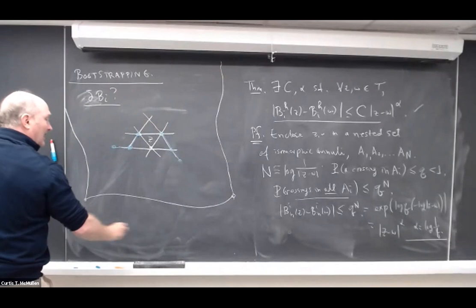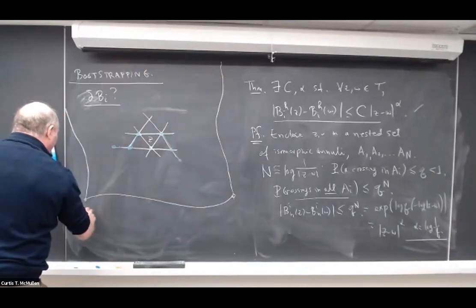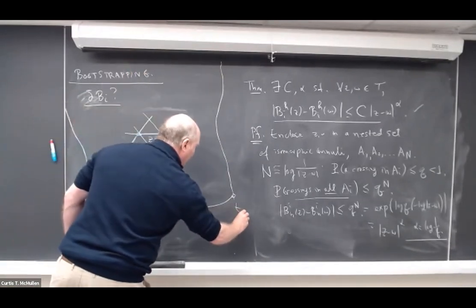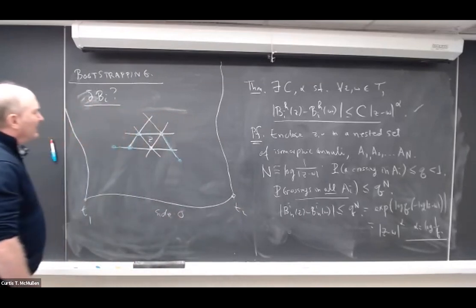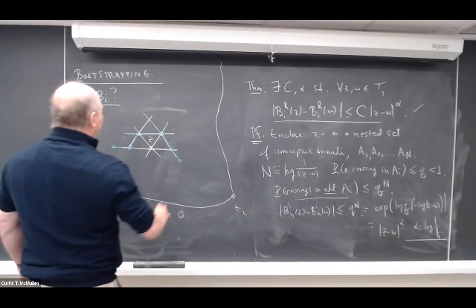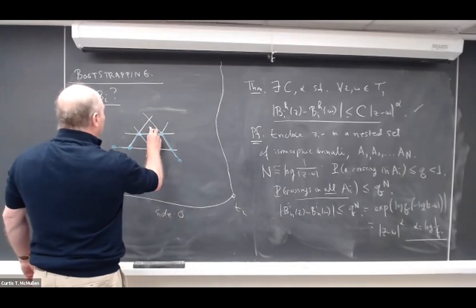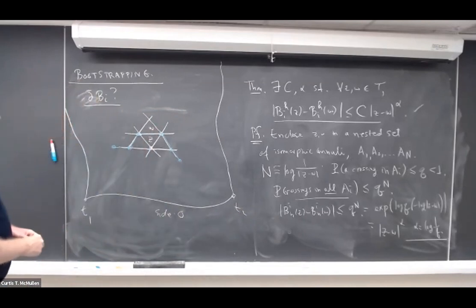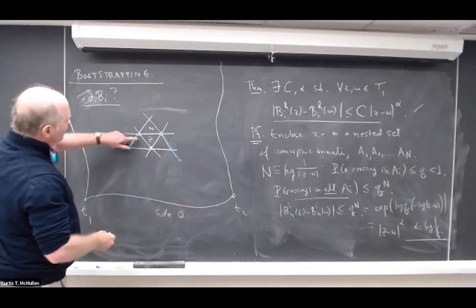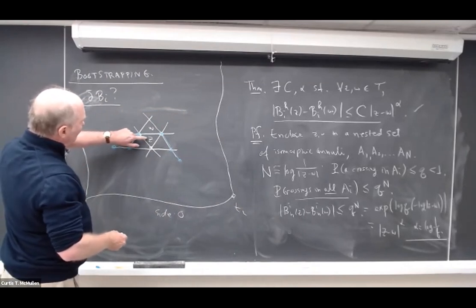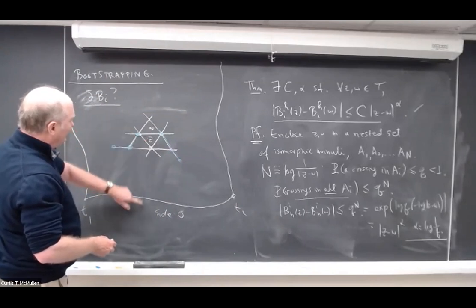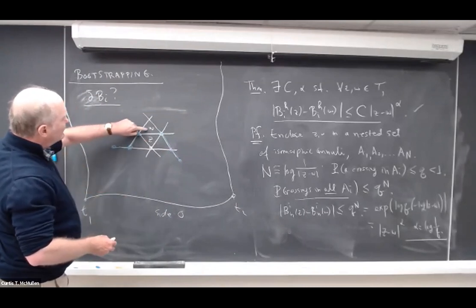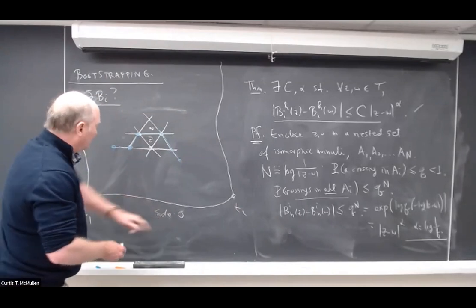Here T0 is at infinity, T1, T2, this is side 0. And I want to consider a nearby point W. And I'm going to be interested in the situation where Z is not separated from side W, but W is separated from side 0.